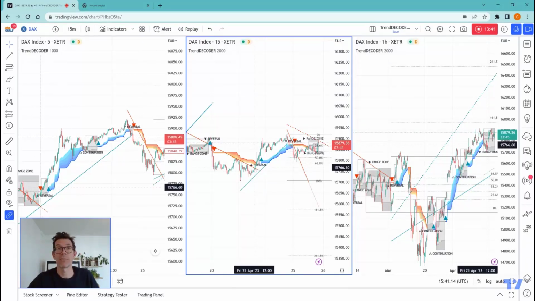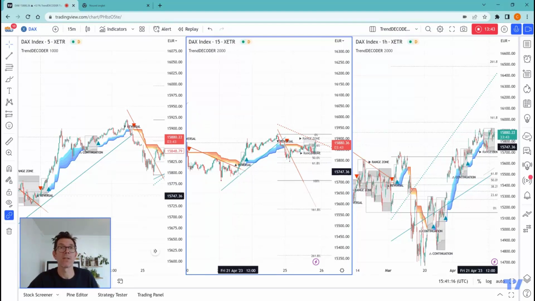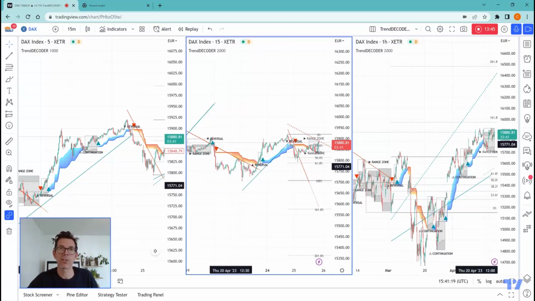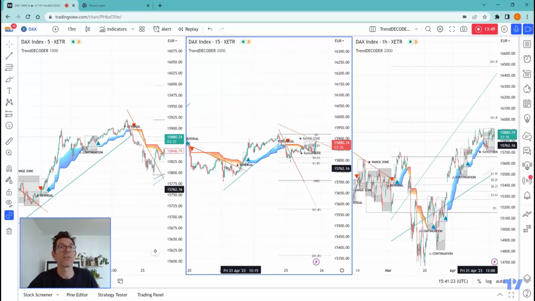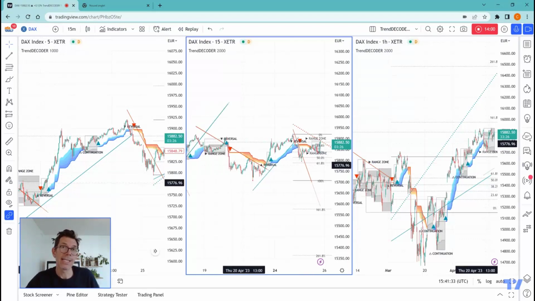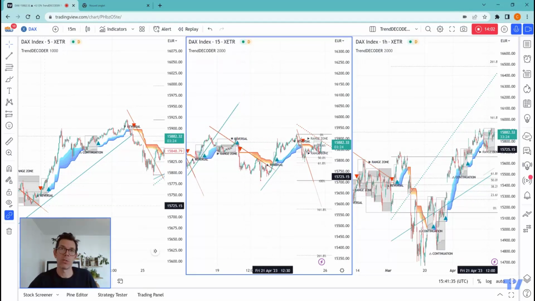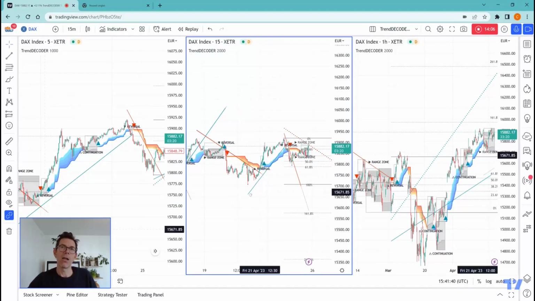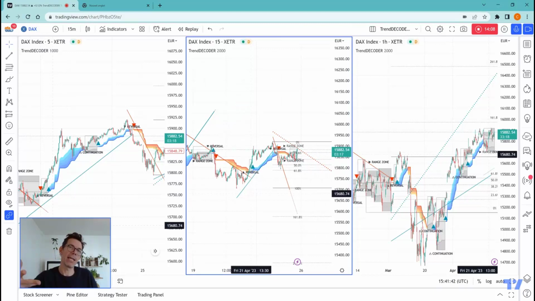Price crosses after having rebounded on the cloud. Finally, it crosses the real-time trend line, which announces a reversal even before the signal and the gray box. So this is a way to trade with Trend Decoder, which is very easy, at a savvy and expert level.